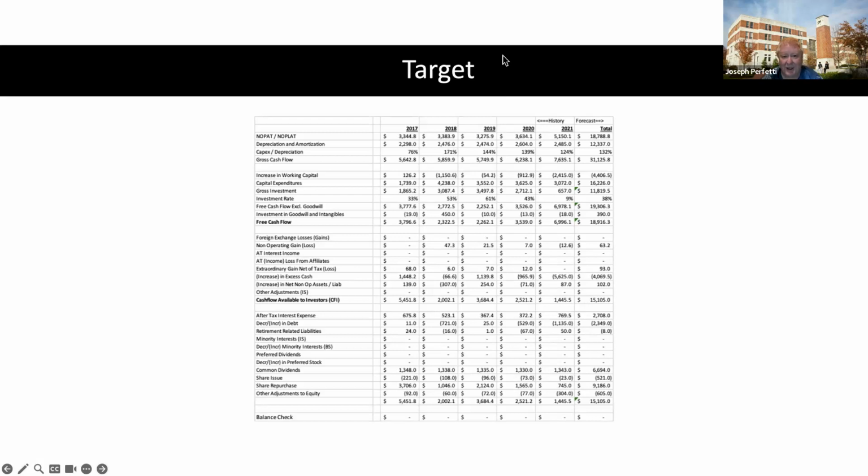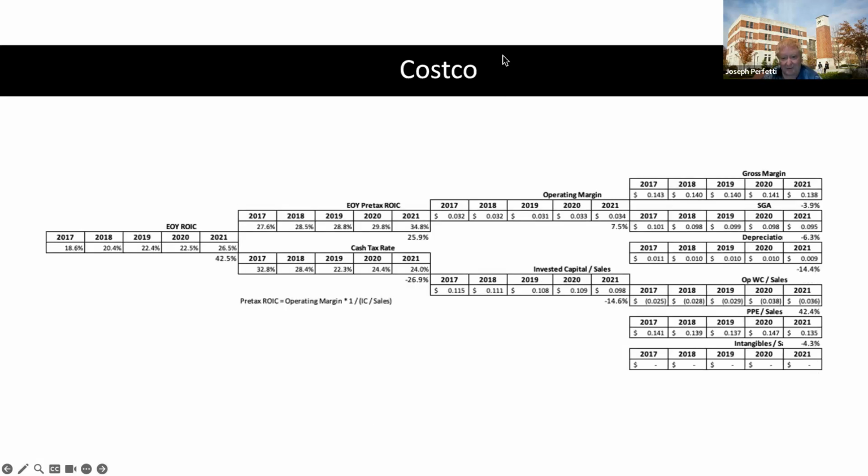All right, since you guys are the advanced financial modeling class, here's what I need you to do for your next week homework assignment. I'm going to give you 2 companies. They're actually relatively straightforward. One is Costco, of which you actually have 4 of the 5 years of data here from 2017 through 2021.